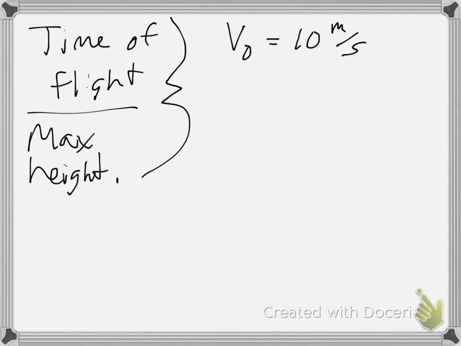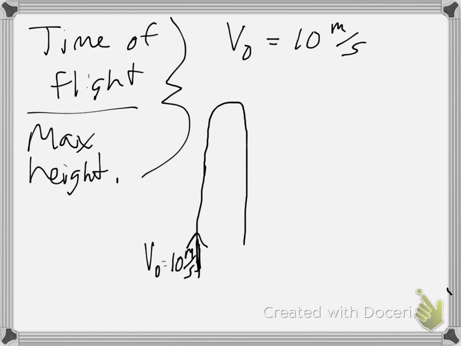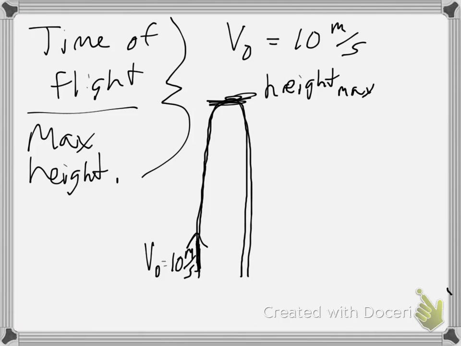So this is the case where we toss it upward with an initial velocity of 10 meters per second, and we want to know what its max height is, and we want to know how long it's going to take to complete the total trip. Okay, so how do we do it?